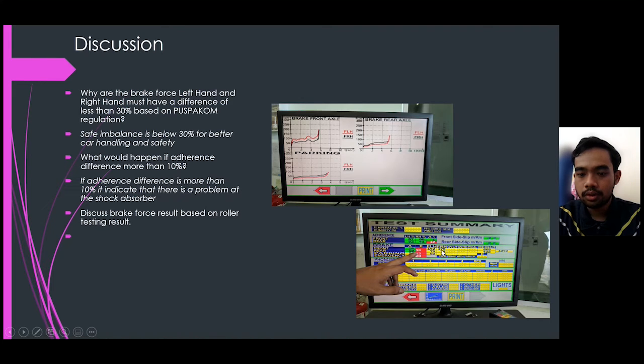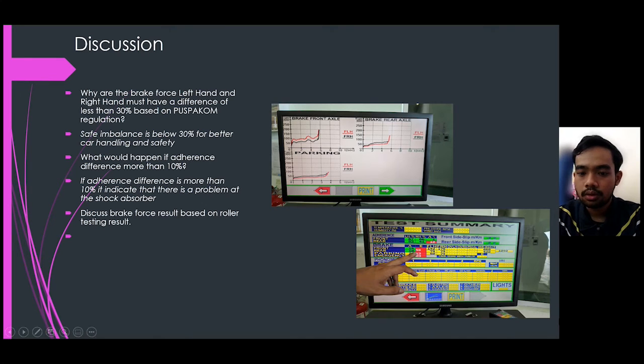Right brake has 175 force and left has 192. From the value, we can say that the right brake maybe has a stuck caliper piston, or there is some rust on the piston itself, preventing the piston from moving smoothly.